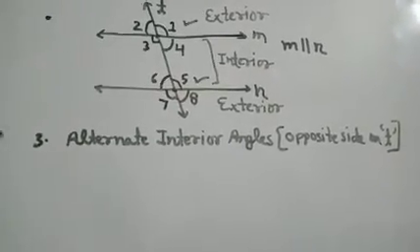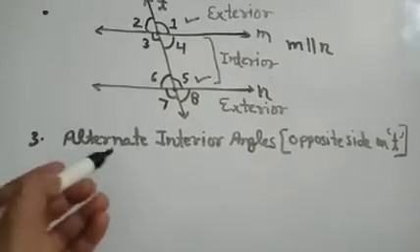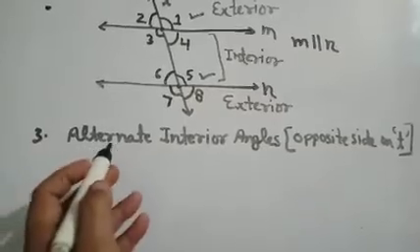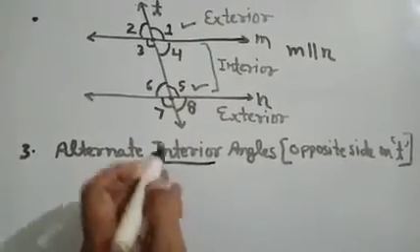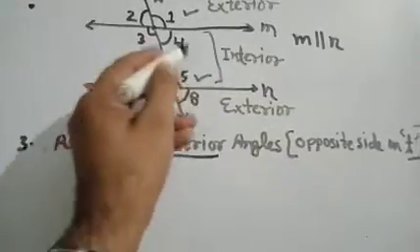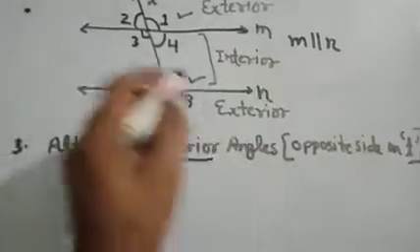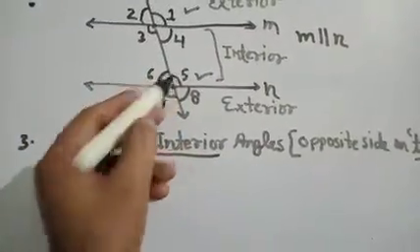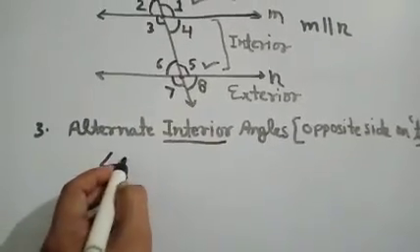Now students, the third and last pairing of angles made by a transversal and parallel lines: alternate interior angles. There is also the word interior. So again we have to take the interior portion but on opposite sides of the transversal. One on the left side, the other on the right side. They are always equal in value.